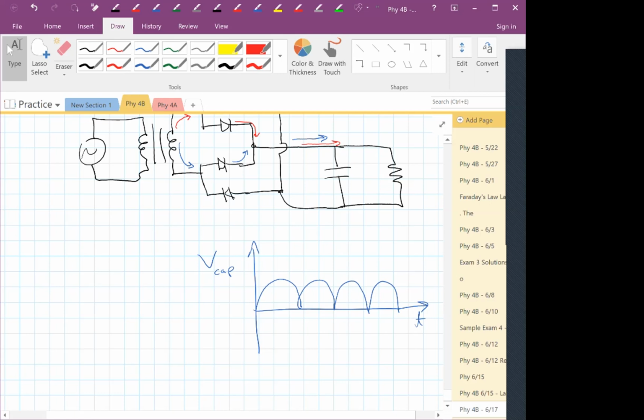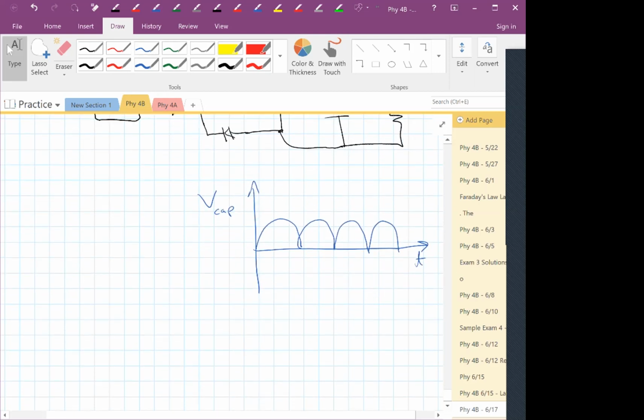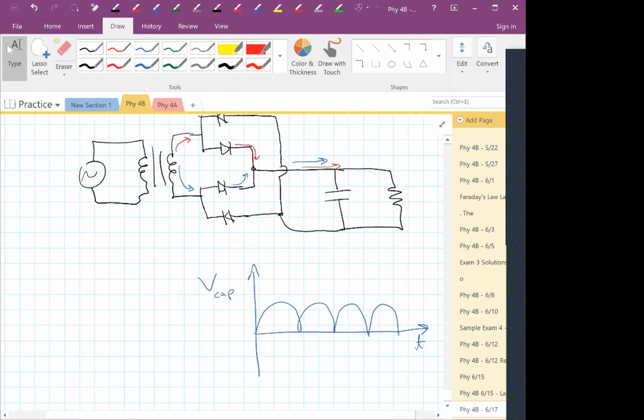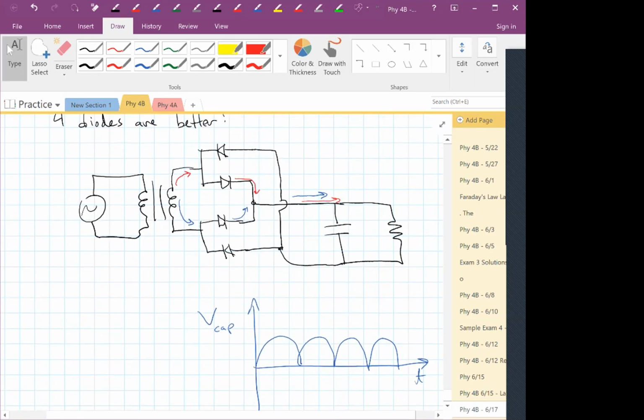So instead of just losing half the signal, we're just flipping it so they're always positive. It always flows in the same direction. The other two diodes are for the return path. You need a complete circuit, right?